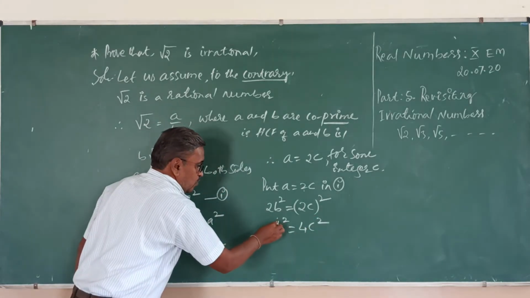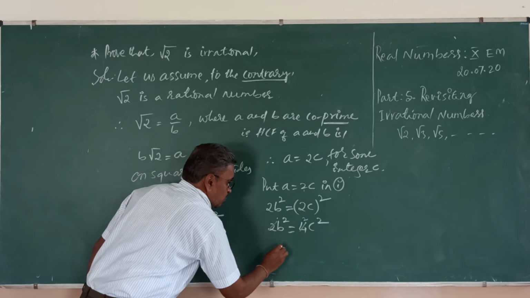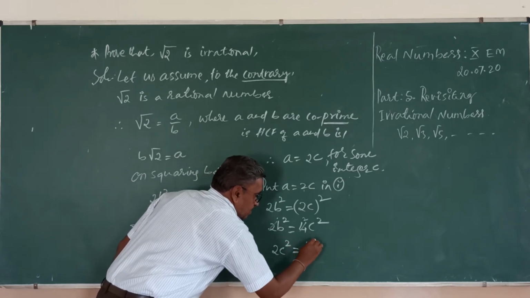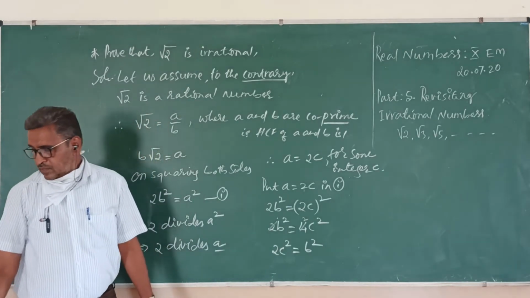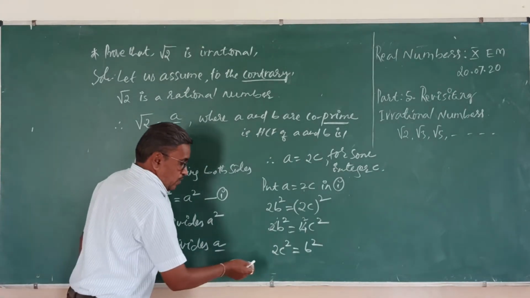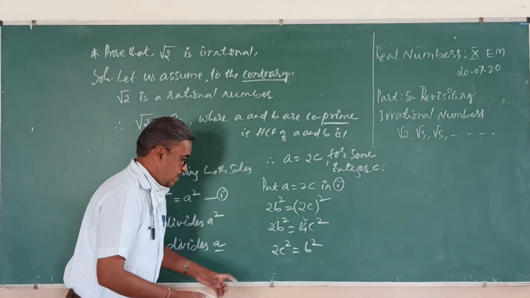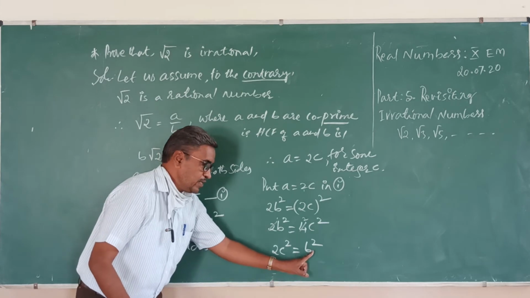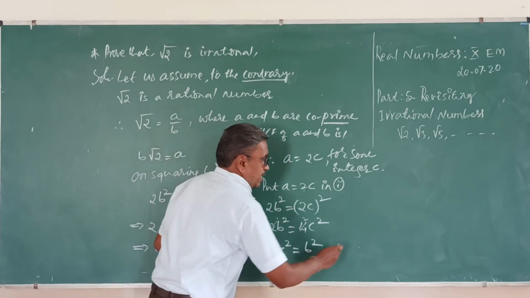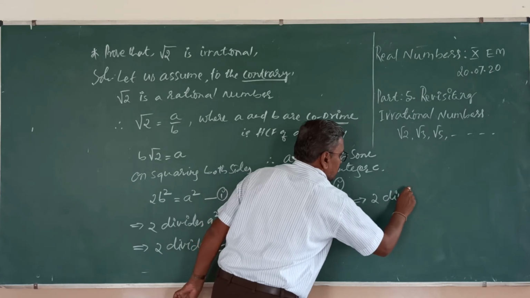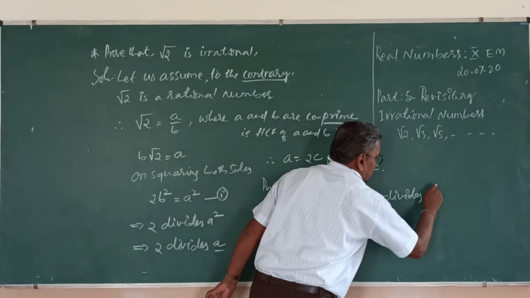Two ones are 2, two twos are 4. So b square equal to 2c square, which means c square equal to b square by 2. It implies that 2 divides b square.